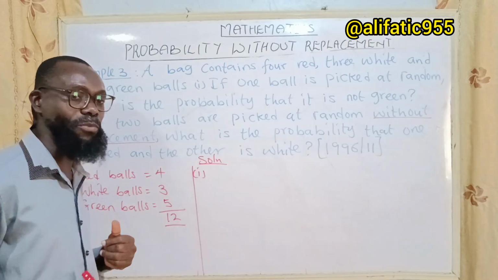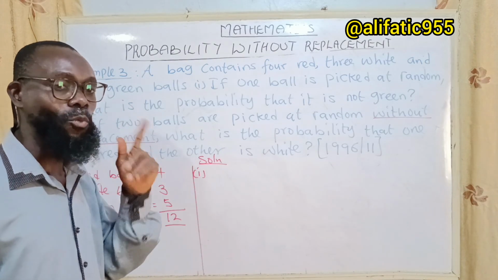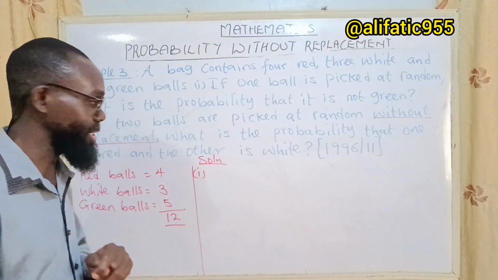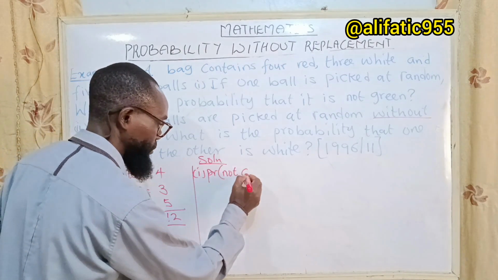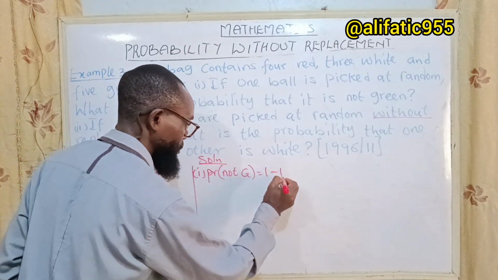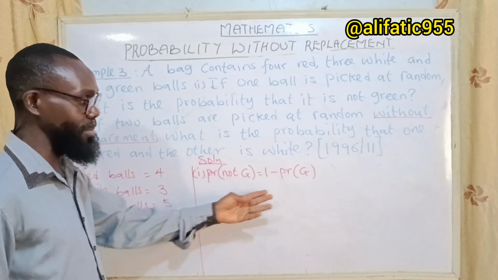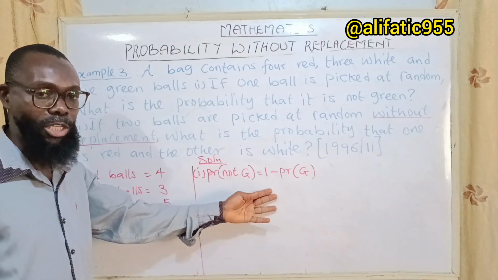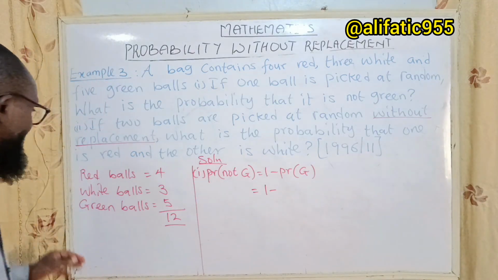Don't forget the previous example, the first example that we did. Not green means 1 minus probability of what? Green. So that is probability of not green. Probability of that is 1 minus probability of green, which gives 1 minus. What's the number of green?